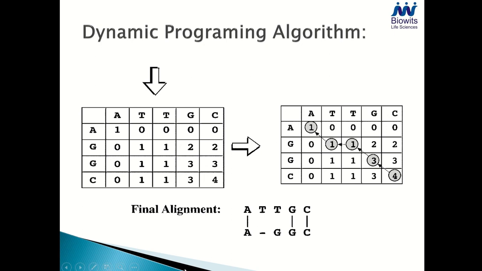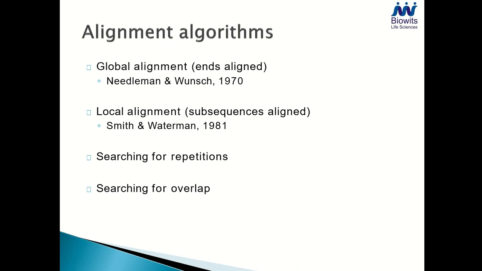And then there is adenine, okay, and then another one, thymine, wala, and then thymine is for guanine, and then guanine to guanine, and then cytosine to cytosine. So there is alignment. So this is the final alignment. So this is how useful dynamic programming algorithm.